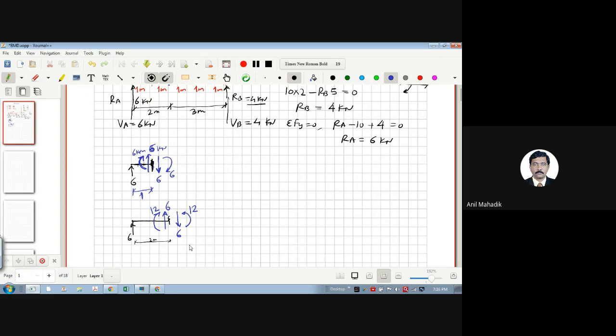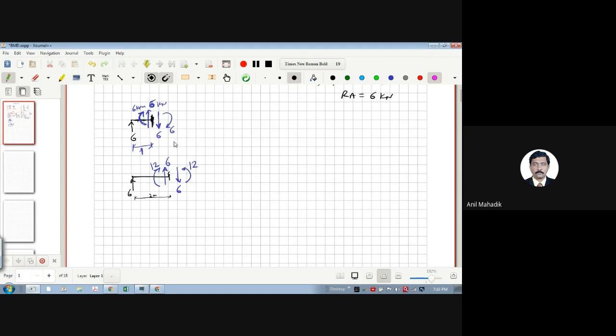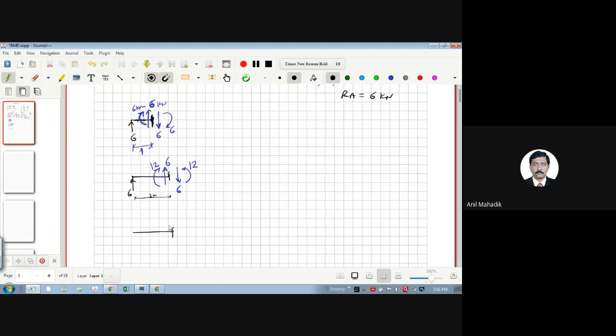Now if you consider just to the right of this blue color, let me consider this portion just to the right. The distance will be 2 meters only, but just taking it to the right, it will be the same here. As I'm considering just to the right, there is a downward force of 10 kilonewton, right? This is your 6, this is your 10, and this is your 2 meters.